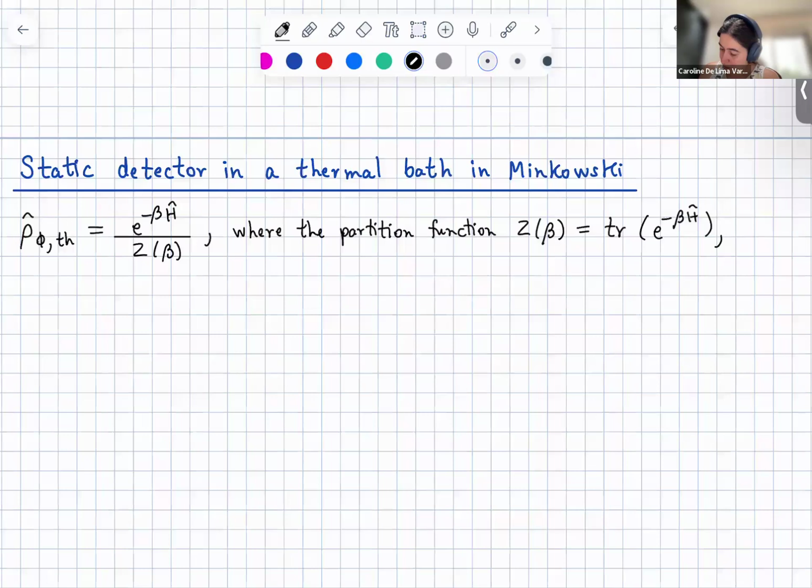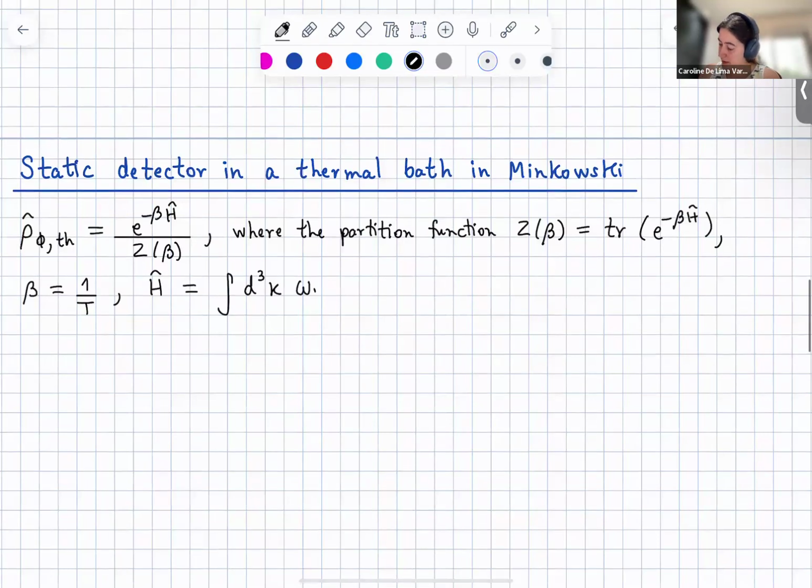And now, what is beta? Beta is what you probably imagine, the inverse temperature. Okay. And in this case, for the field, what I have for this Hamiltonian is going to be the integral over d3k omega_k, the creation, and then the annihilation operator.